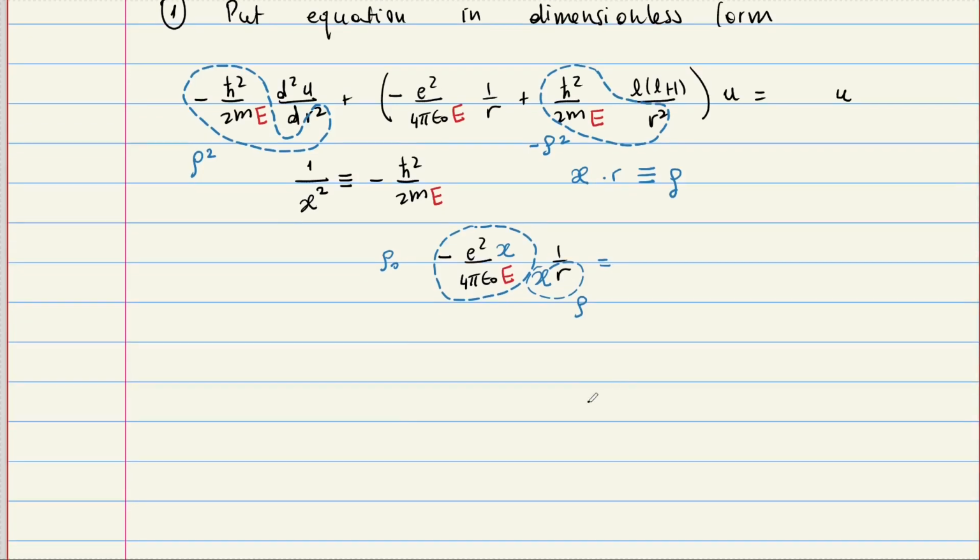Then this equation will be a little bit nicer and a little bit palatable if you like. So this is going to be d squared u d rho squared plus rho 0 over rho plus L plus 1 divided by rho squared u is equal to u.